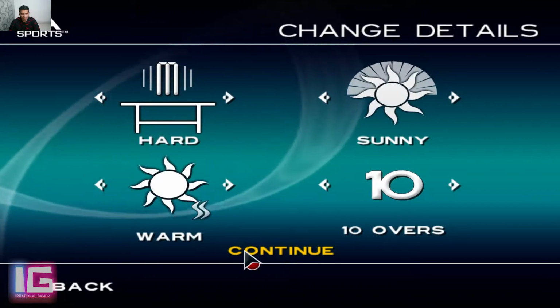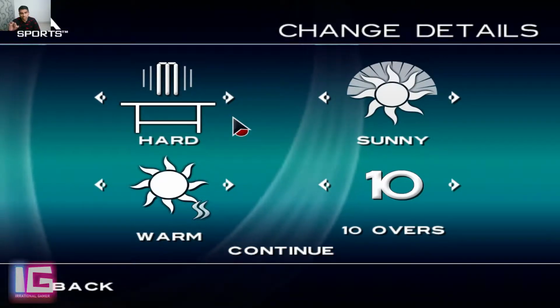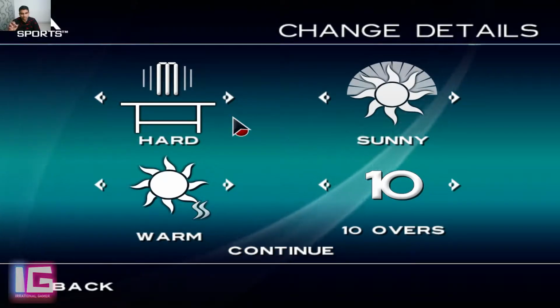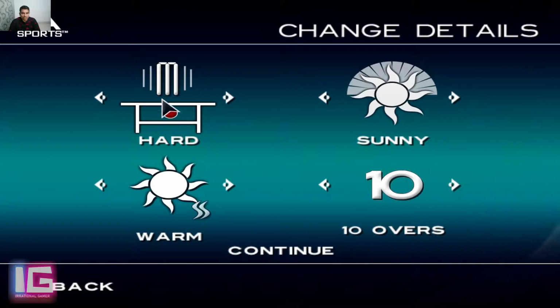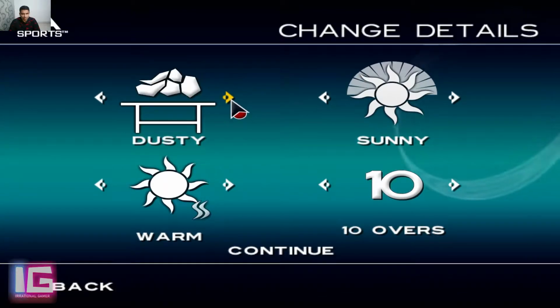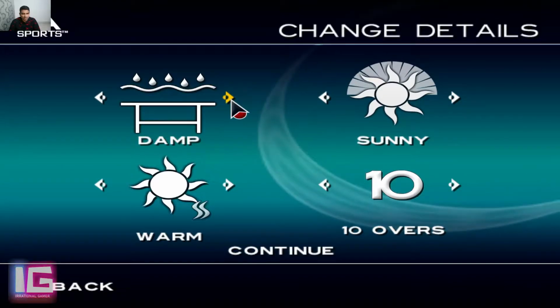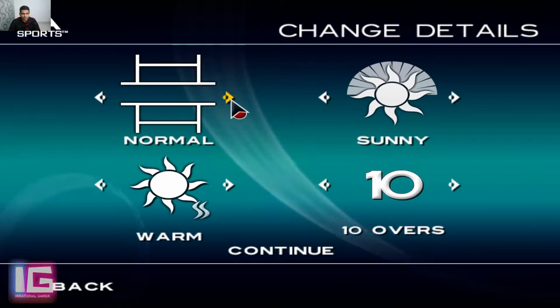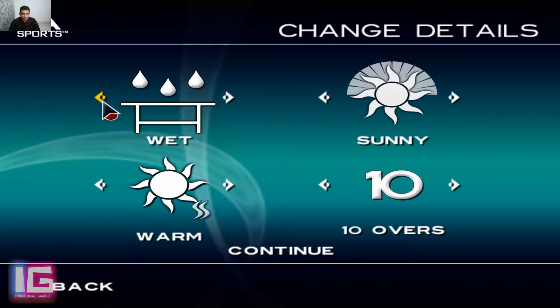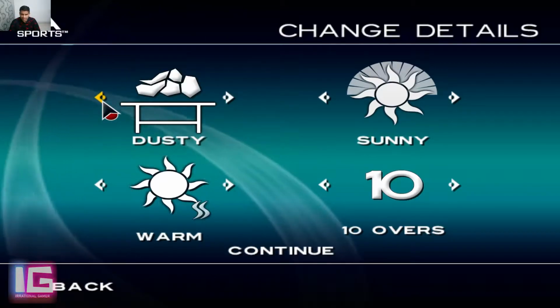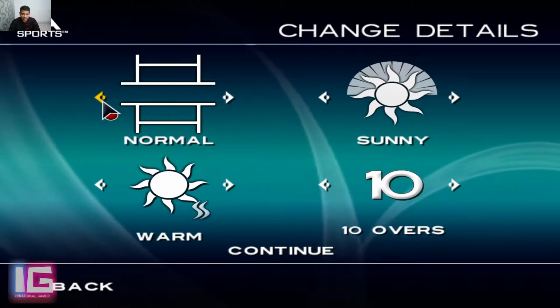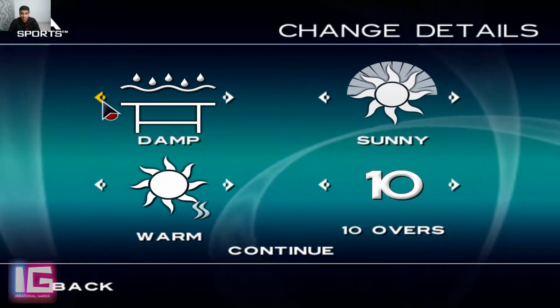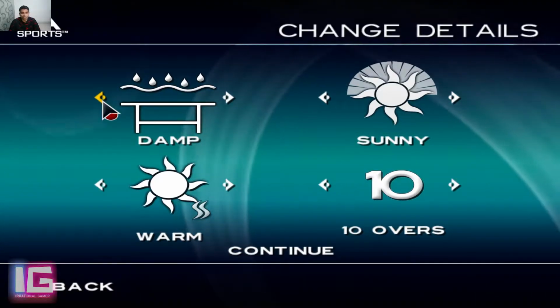Let's click continue. Here's one more important thing you need to remember. Don't go with the hard pitch or any other except normal. I'm not sure about the wet pitch or green pitch or dusty pitch, but hard and damp pitch have a lot of issues.